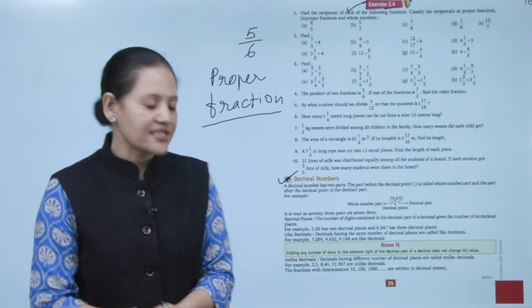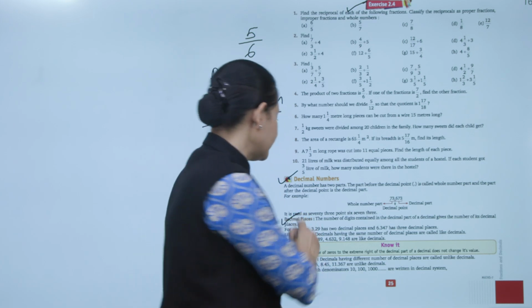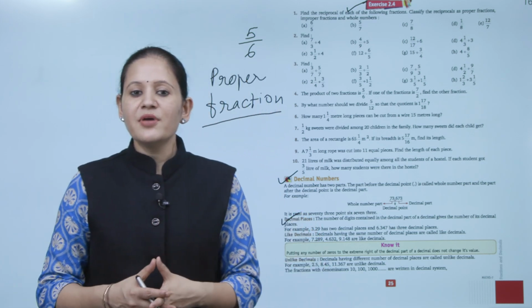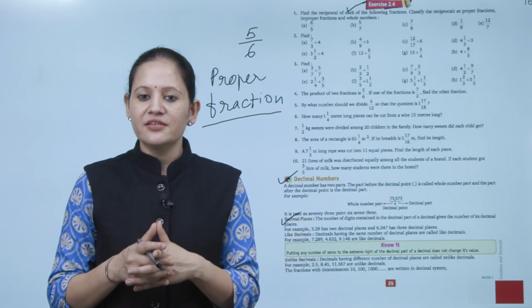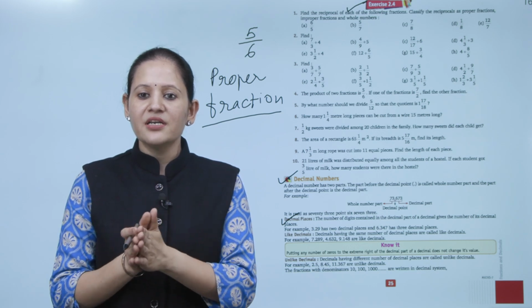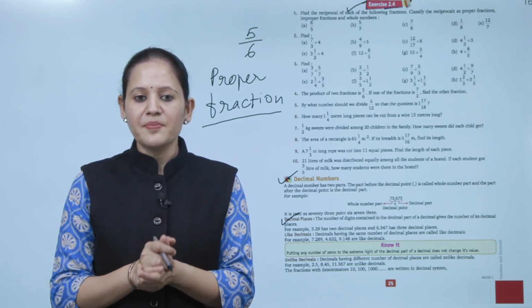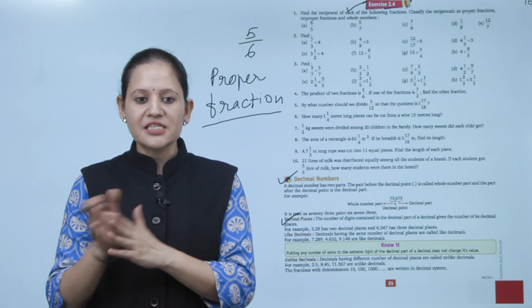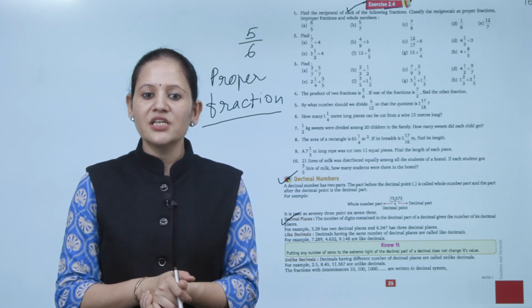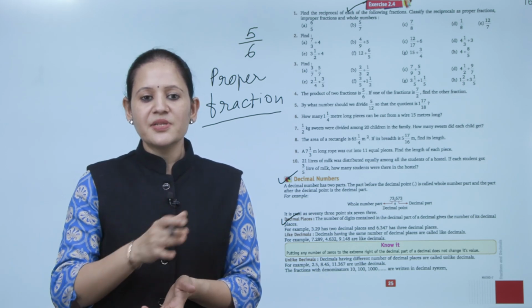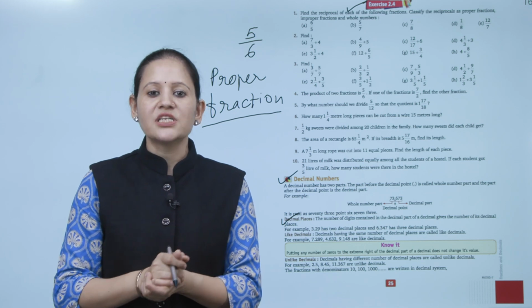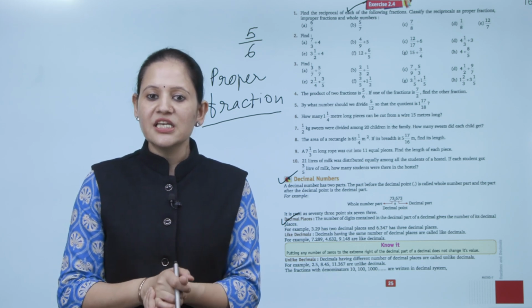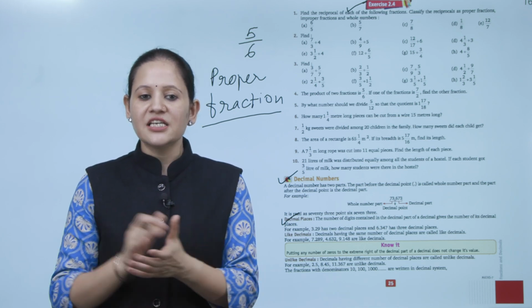Next is decimal places. The number of digits in the decimal part of a given decimal number is known as the decimal places. That means how many digits are there after the decimal, that is known as decimal places. For example, 3.29. After the decimal there are 2 digits, so it has 2 decimal places. 6.347 has 3 decimal places.